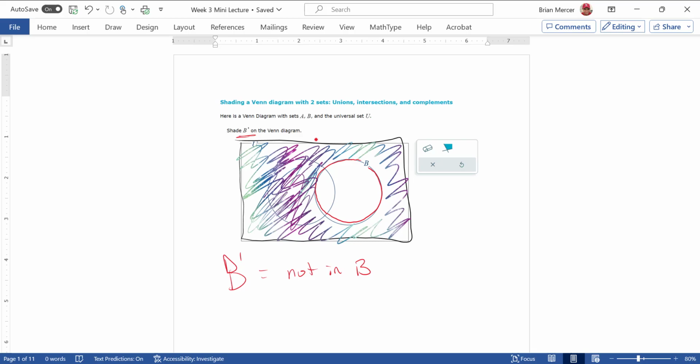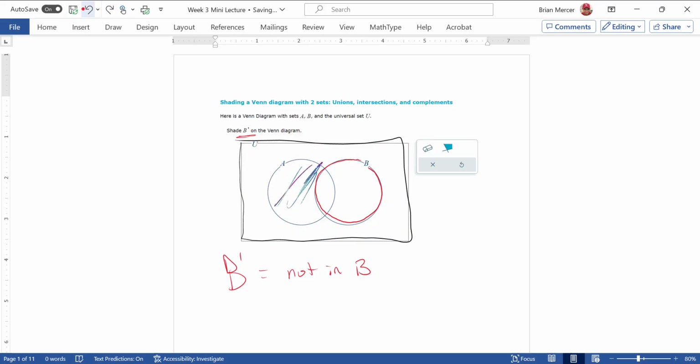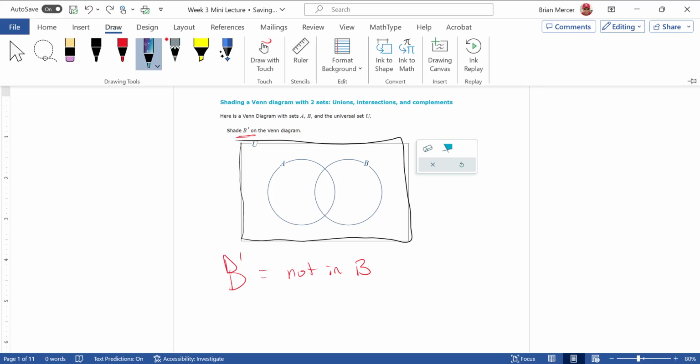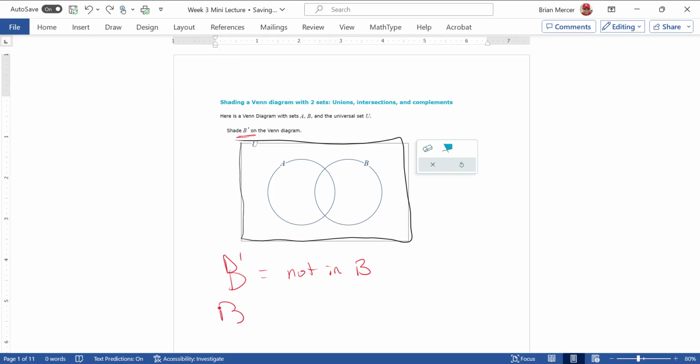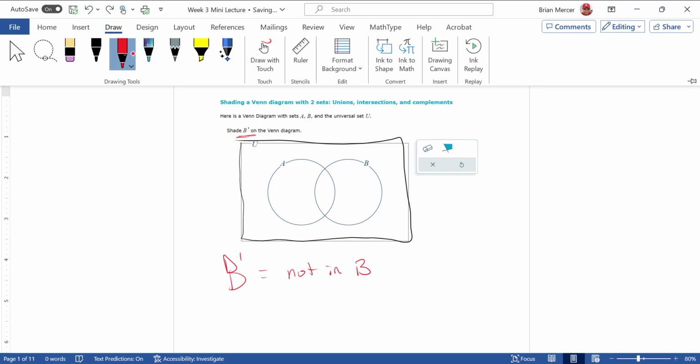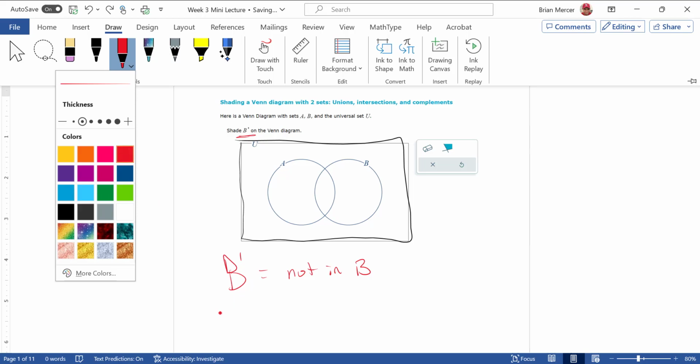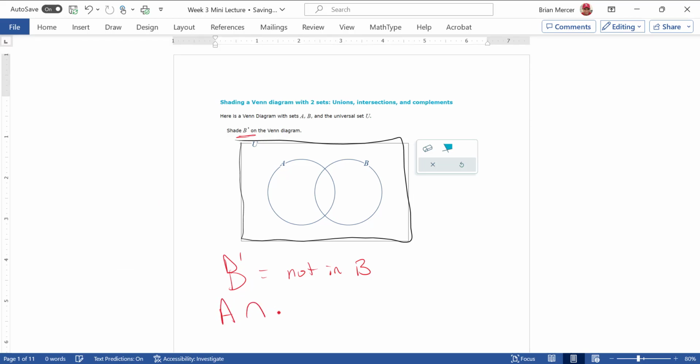I'm going to back up, and if I can undo, there we go. If I can undo that just a little ways, then we'll say, all right, what if it said A intersect with B?